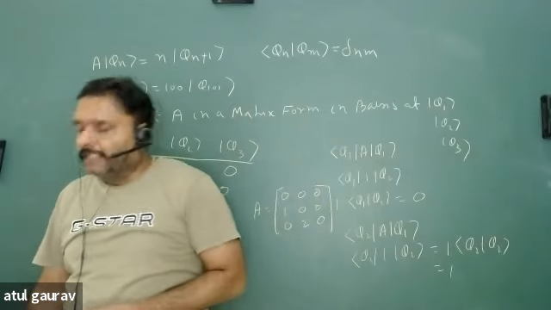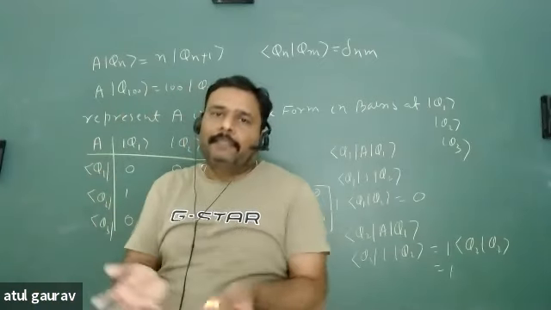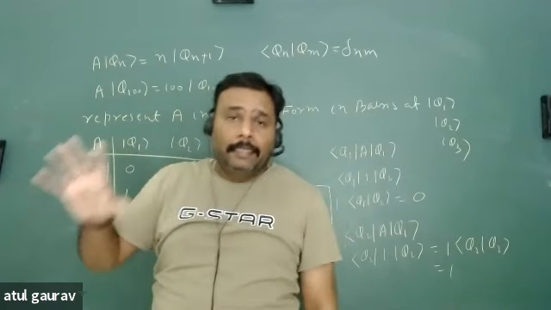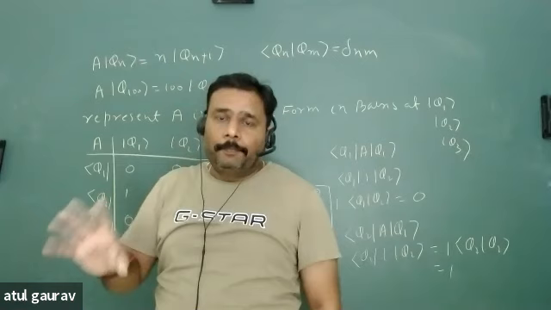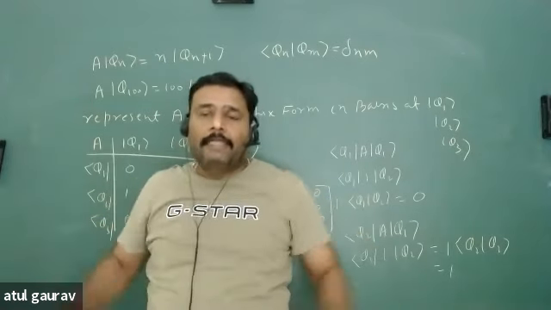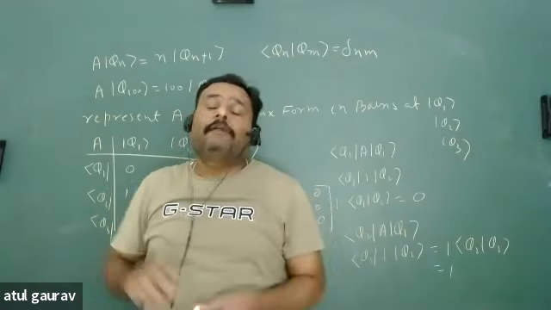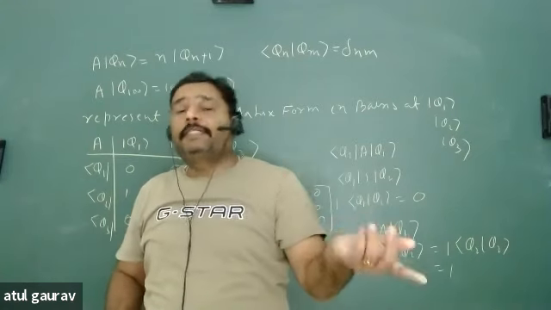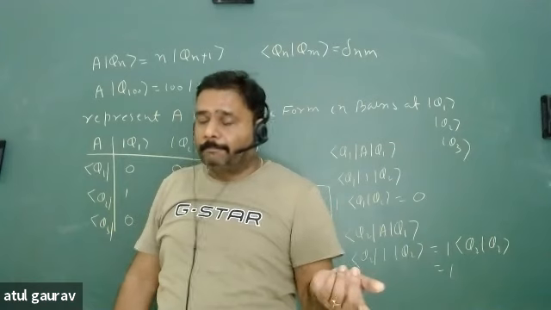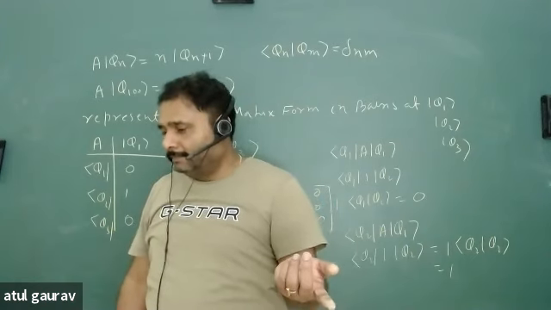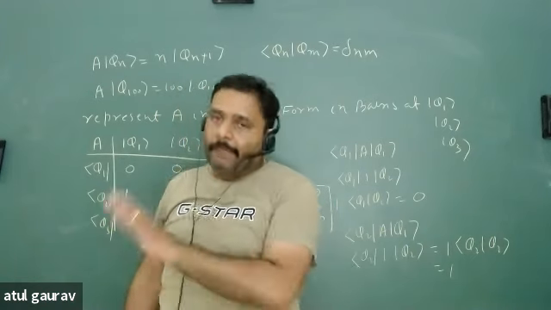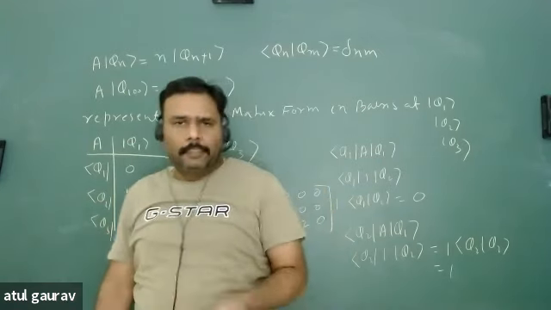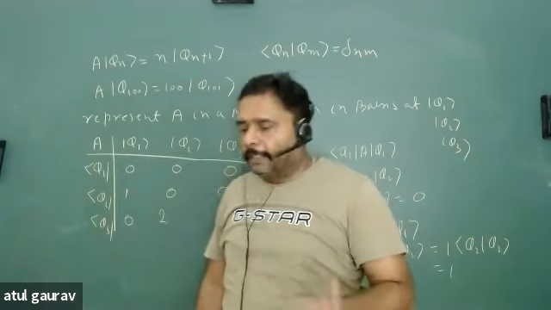If I give you 3 basis vectors, then it is a 3 cross 3 matrix. But in general, it may be possible that you have an n cross n matrix, and within this n cross n space there are subspaces, and those subspaces can have different operators. Okay, sir. We will discuss it when the hydrogen atom or angular momentum comes into the picture.